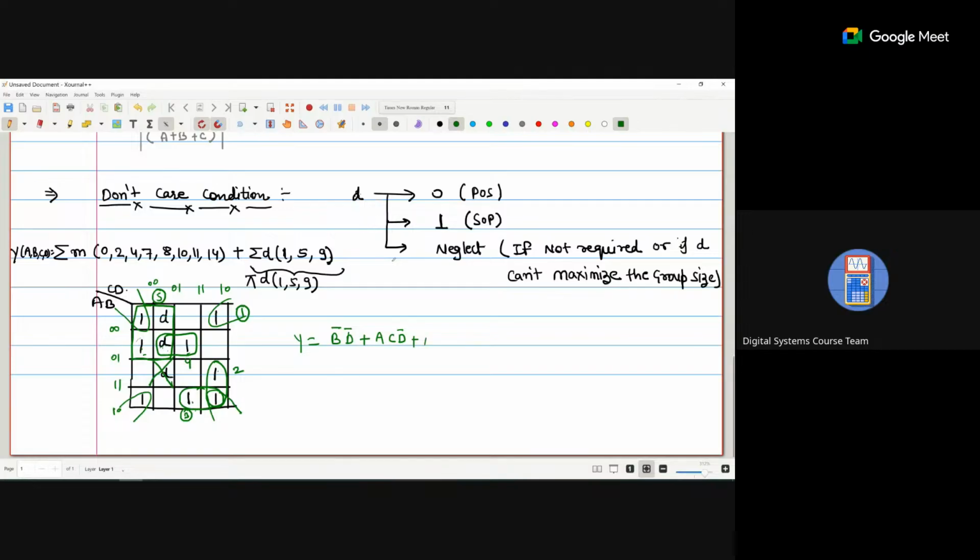Group third, A, B bar, C. Group 4, A bar, B, D. And group 5, A bar, C bar. Okay, so these are the 5 groups we have created. We include 2 Ds, 1 we can neglect.